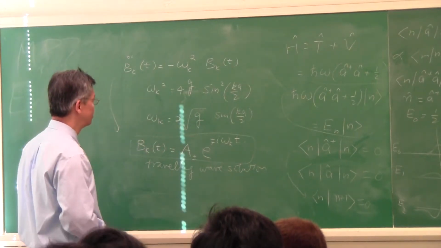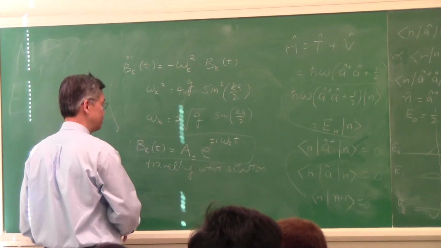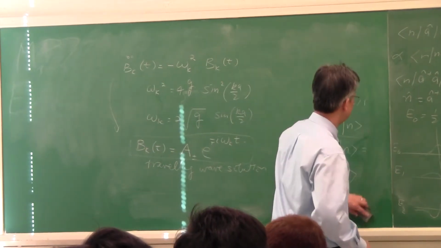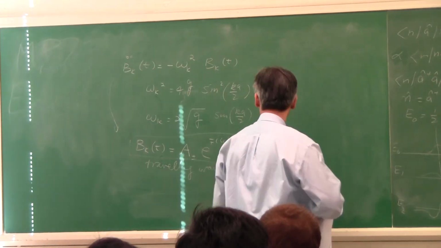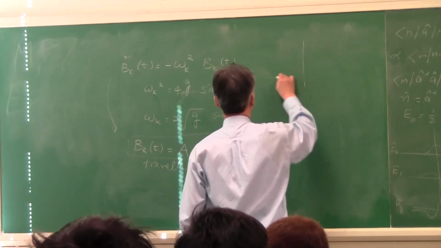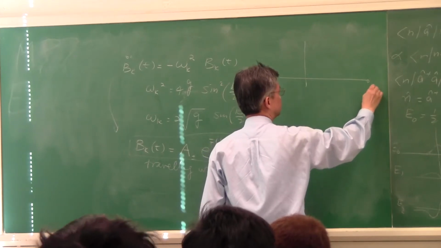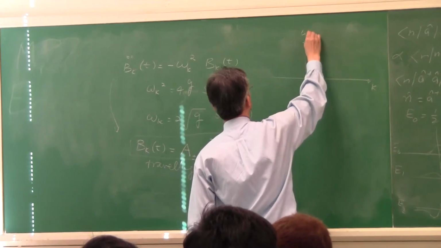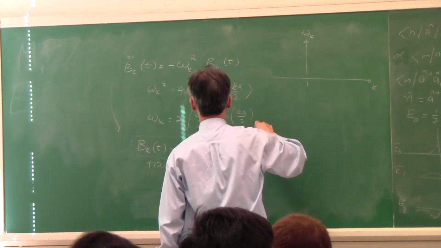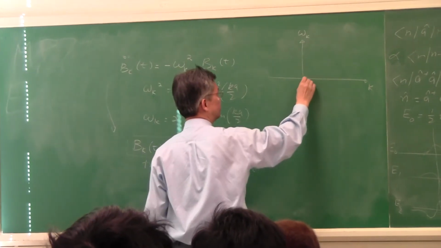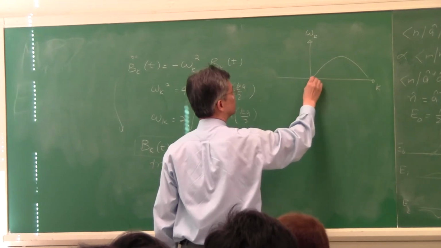But this traveling wave has this dispersion relationship. If you look at the omega k diagram, it will have something that looks linear, and then it goes like this.